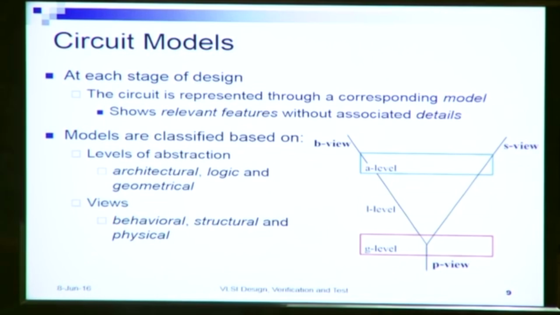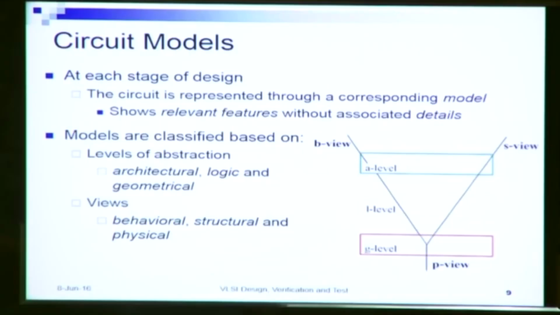When we are at the architectural level, we have very little idea of the structure, so we will have a model that allows us to specify the functionality. For example, the truth table can be taken as a model. The Verilog code that we had is a model. And then the model progresses to the logic level, and then to the gate level, and then finally the physical design.